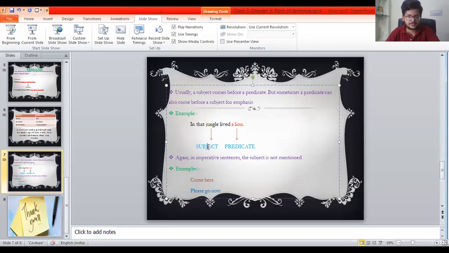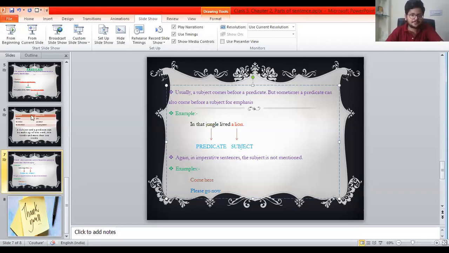Wait, let me make a correction here. This is the predicate, right? And this is the subject. Subject.